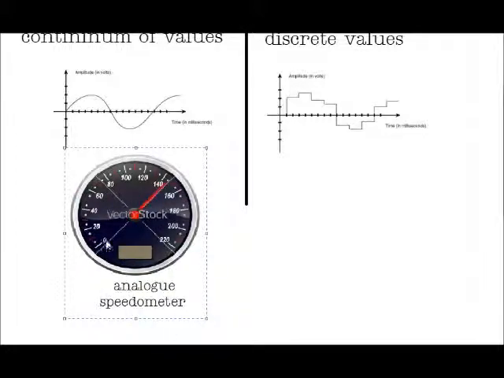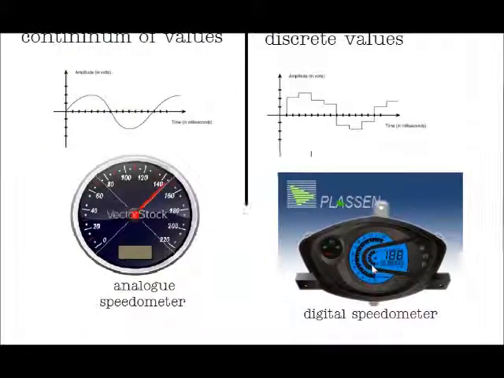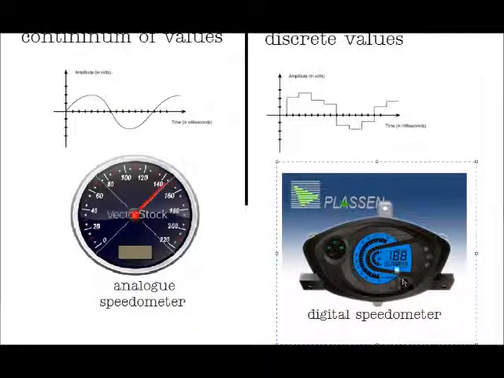This needle here moves over a continuous continuum of values from 0 to 220 kilometers per hour. However, in the digital speedometer, as you will see shortly, in this case, the speedometer will indicate only a whole number increase in speed, but nothing in between. So in this case, 188, 189, 190 kilometers per hour, etc.